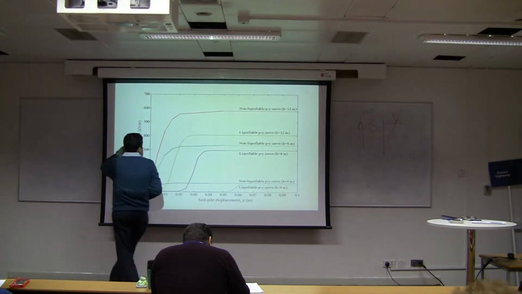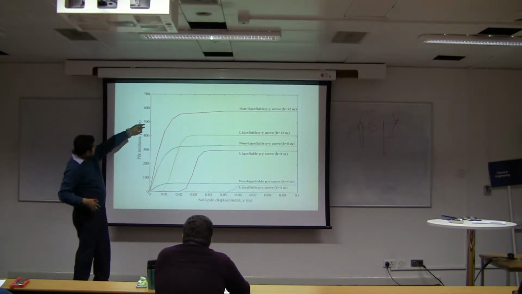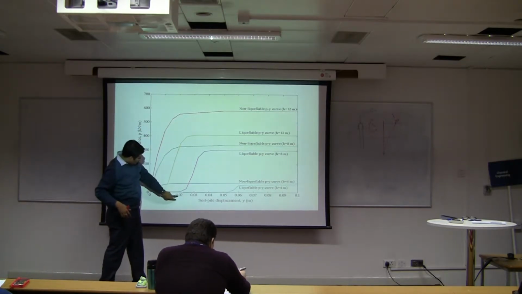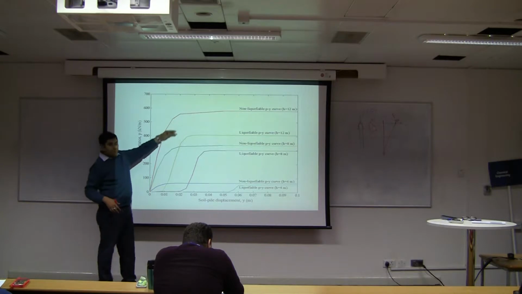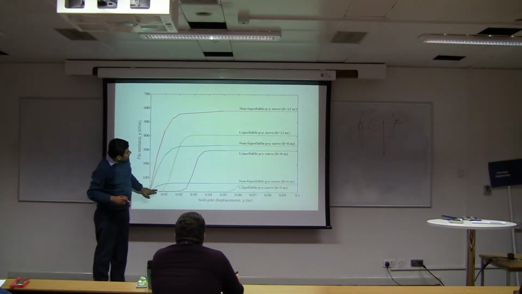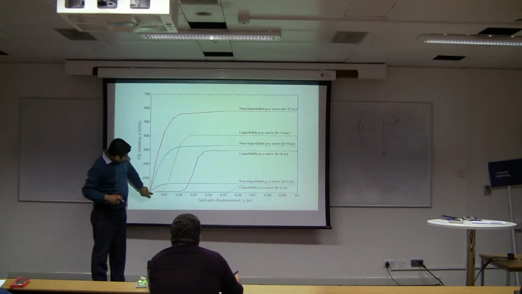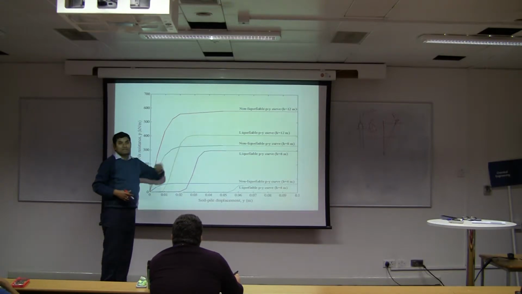If the pile moves at that depth by say 0.02 meter, you mobilize so much resistance. But when it liquefies, at 12 meter depth for up to 0.01, there's nothing. Then it starts to build up.